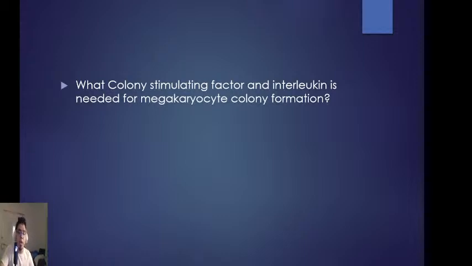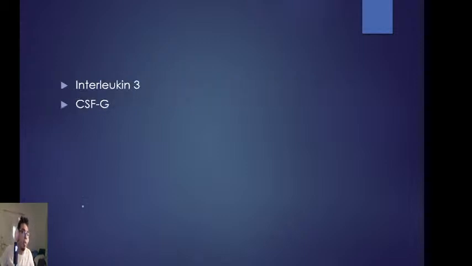Everywhere you see a chart, you're always going to see two sides. And CSF-G is one of the things included in those charts. So be mindful of that one. Interleukin 3: you're going to see interleukin 3 several times, not just here in hematology, but also in immunology and serology.